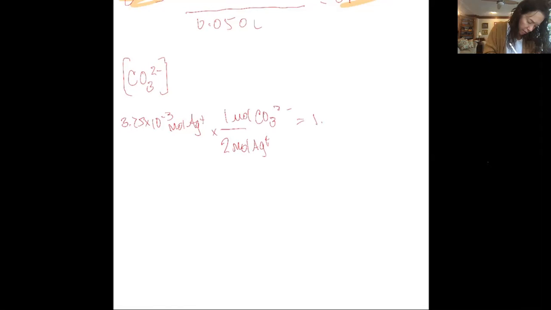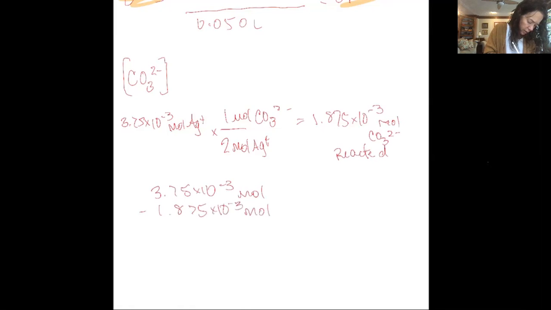It was 1.875 times 10 to the negative third moles of CO3 2- reacted. Well, we know that we had 3.75 times 10 to the negative third moles, and we used half of it. So we know that 1.875 times 10 to the negative third moles of CO3 2- remains.